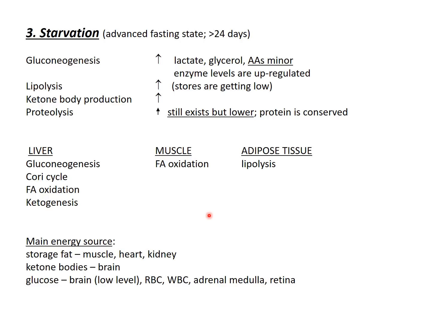Slow down. So, storage fat, muscle, heart, and kidney. Please observe even ketone bodies are spared for the brain, and glucose is supplying at a low level to the central nervous system and all other anaerobic cells.